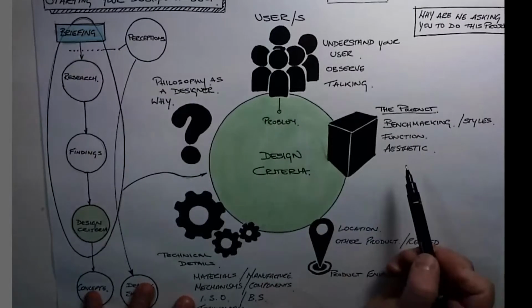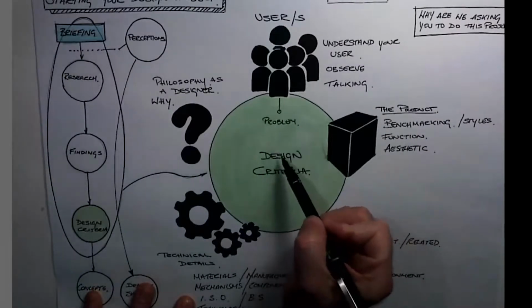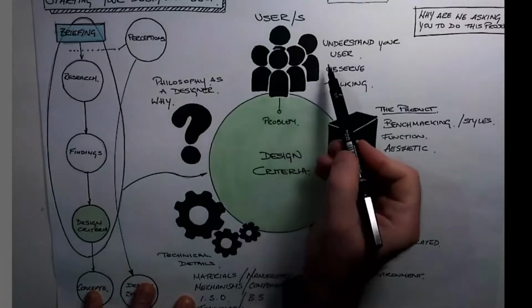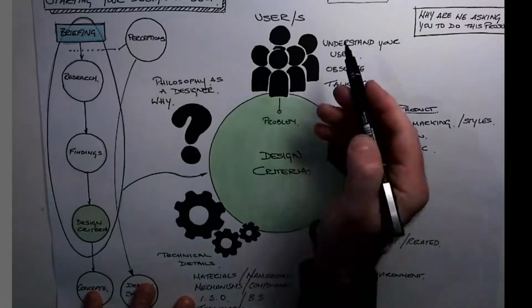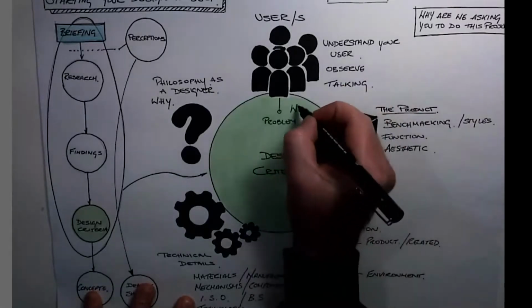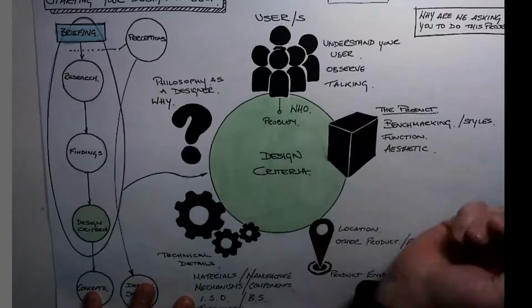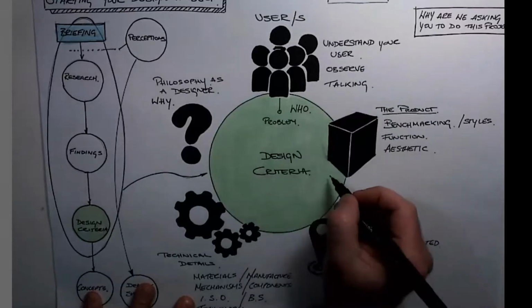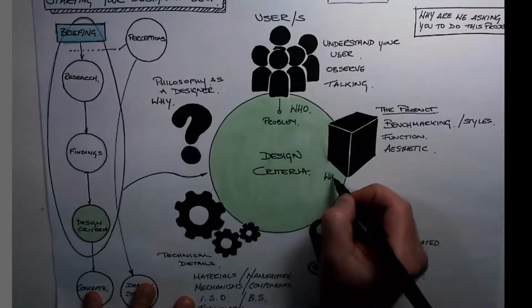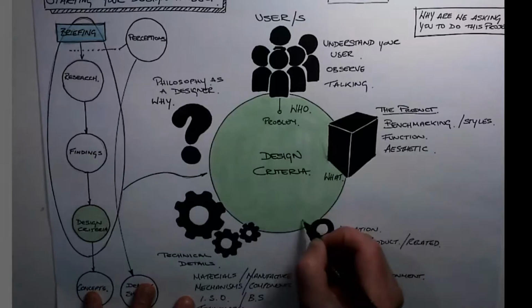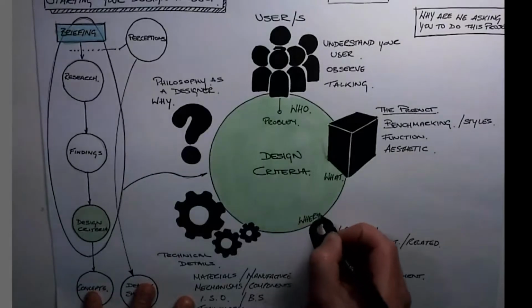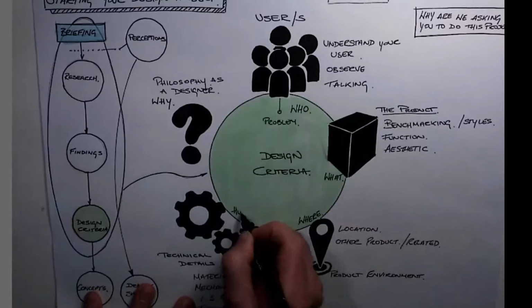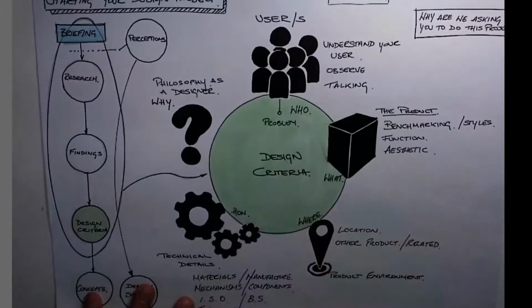So what's important to get on with this project? It's designing or deciding who is your user. So write down who, what are you designing, where is it for, and how do you intend to do that?